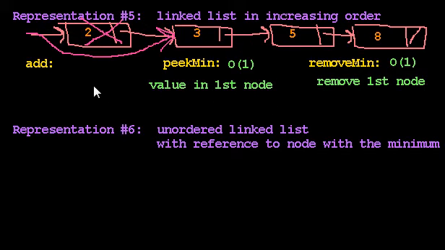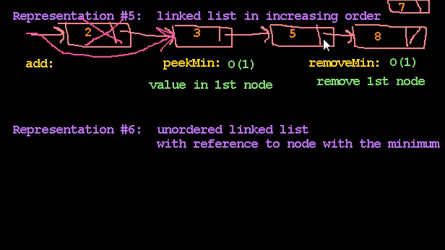And finally, if I want to add an element, like if I want to add, say, 7, well, I'm going to need to add 7 in the proper place. Here, that would be over here. Let's go through this real fast. I need to make a new node with the value I'm adding, but I need to walk down starting at the beginning of the list to find where to insert it.